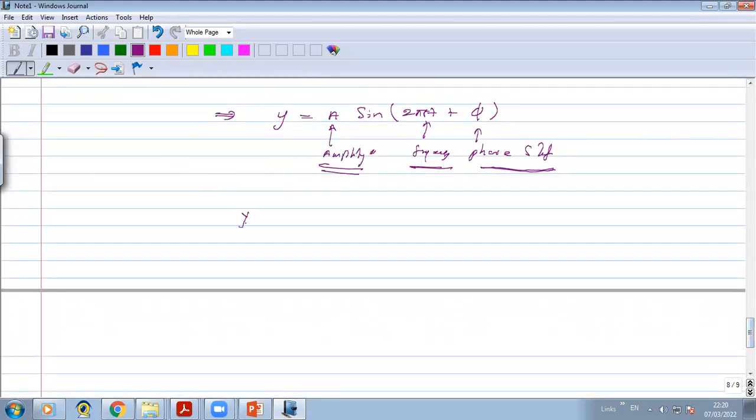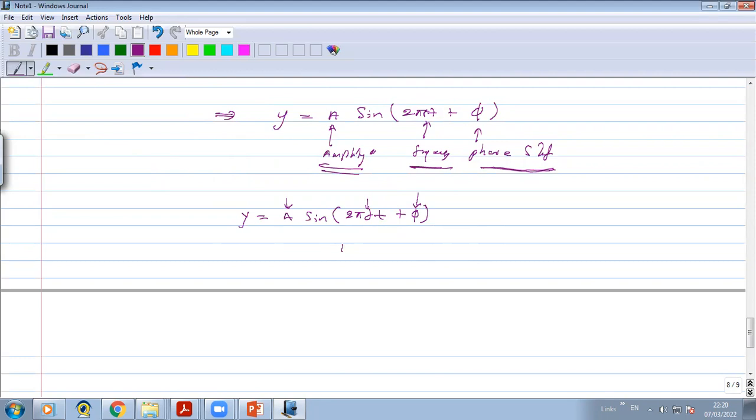And you have to understand the relationship: A sine(2 pi f t plus phi). This is the sinusoidal wave or sinusoidal signal. And you know that this A is amplitude, this f is frequency, and this phi is phase shift. So you have to remember this.